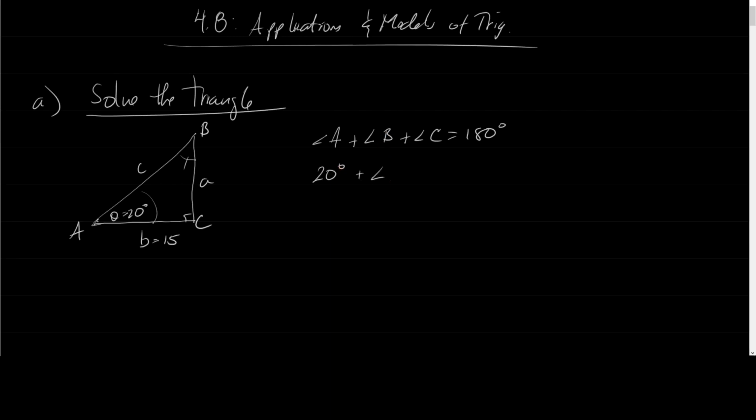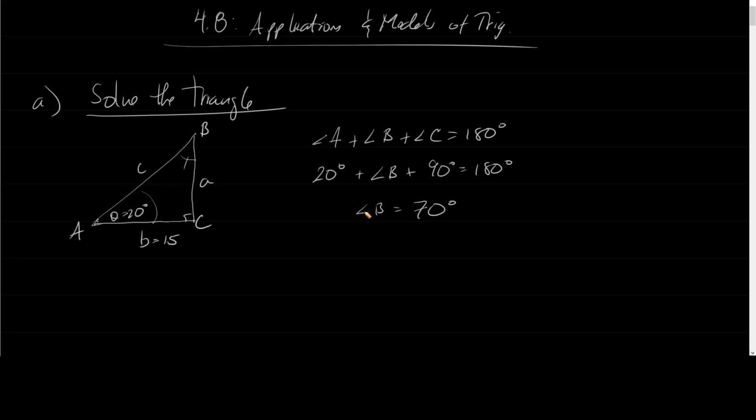We don't know what angle B is, but we do know angle C is a right angle, so that angle must be 90 degrees. So solving for angle B, we get 180 minus 90 and then minus 20. That gives us 70 degrees. All I did there was subtract 90 as well as 20 degrees from both sides. And we've got the other angle. Cool. So that was the easy part.